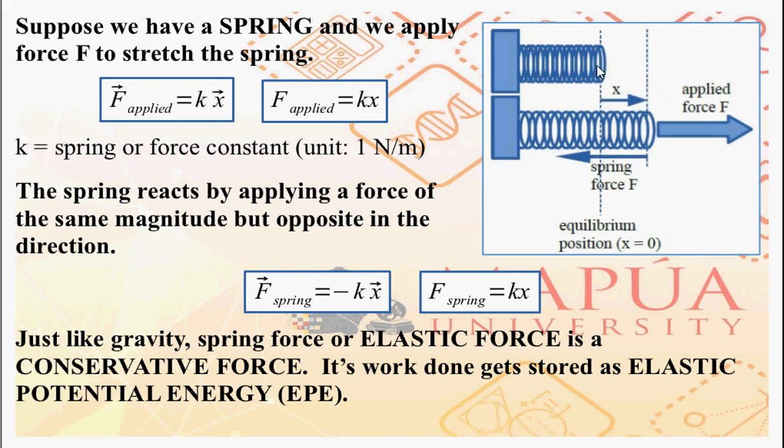The spring is stretched by displacement X. The unstretched position of the spring is, say, our origin, X is equal to 0, referred to as the equilibrium position of the spring. In applying the force F, we introduced a deformation X on the spring.